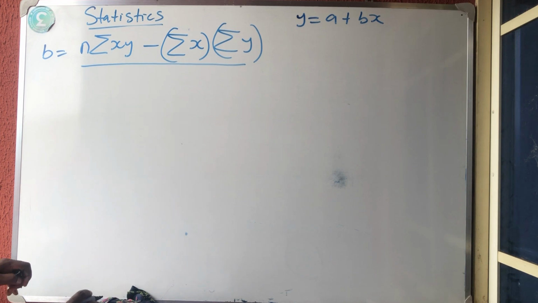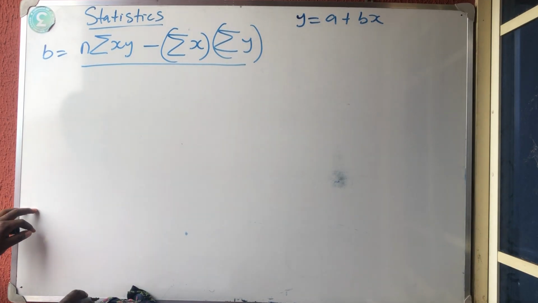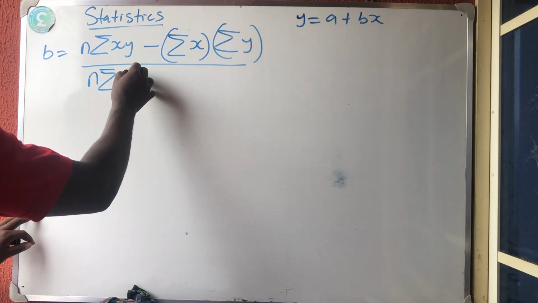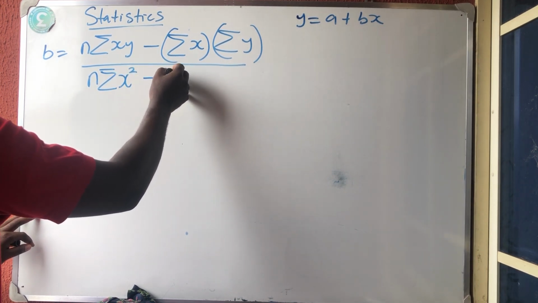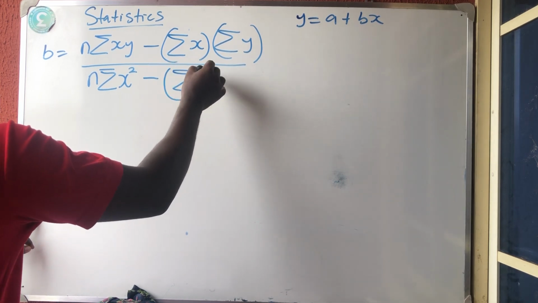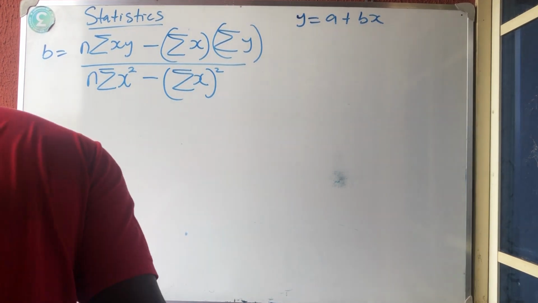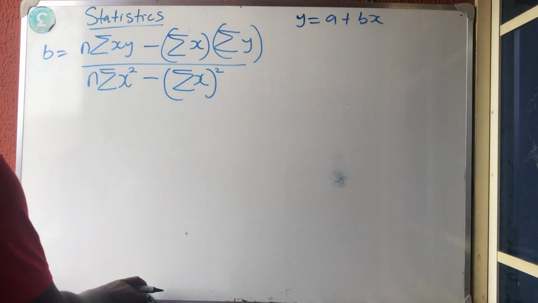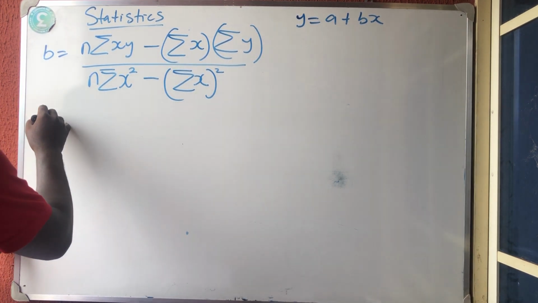This one does not have square root. This one simply says all over n, the summation of x squared minus the summation of x all squared. So this is the formula to get our slope when we don't have the diagram. We don't want to plot the graph.